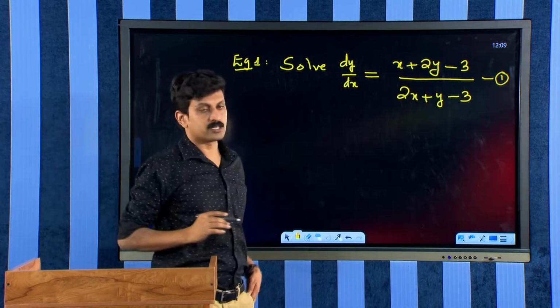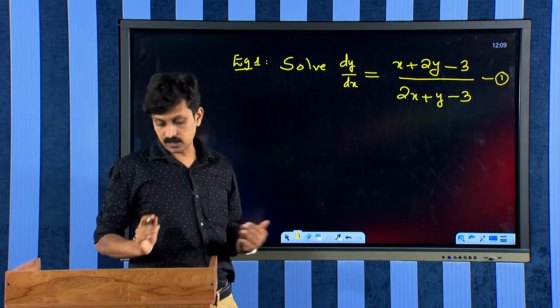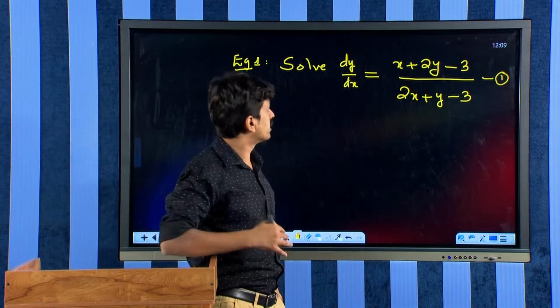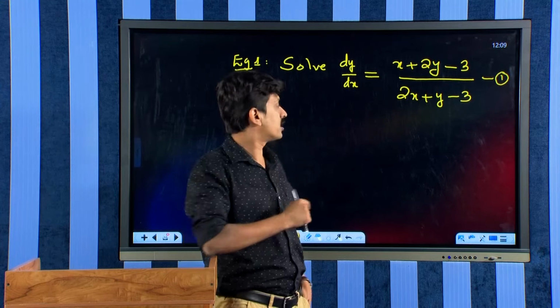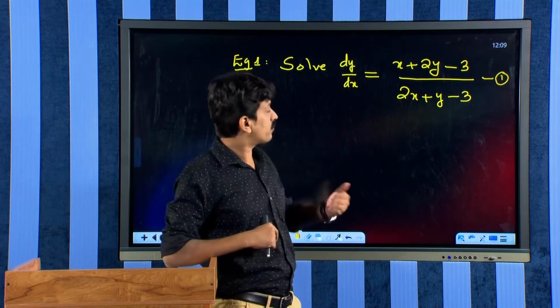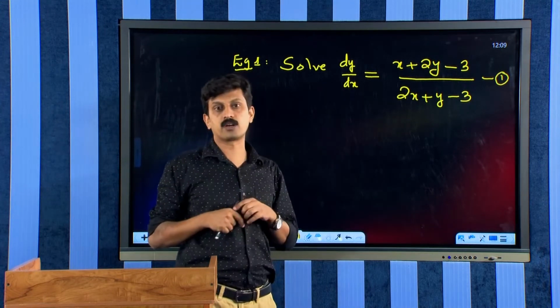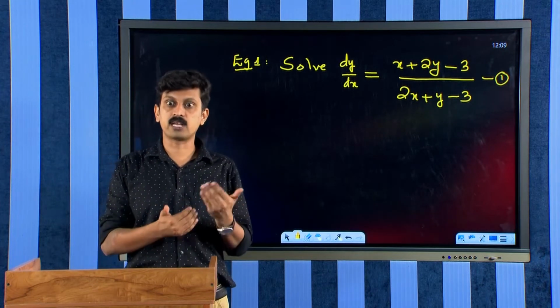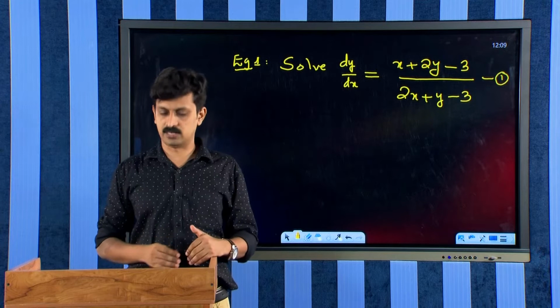This is a first order differential equation, but it is not homogeneous and also not separable. So firstly we convert equation number 1 into a homogeneous type of differential equation, then we will convert that into a separable equation.